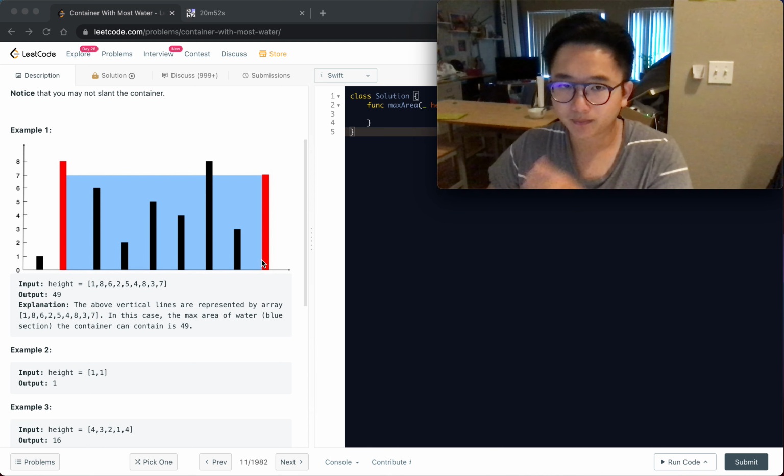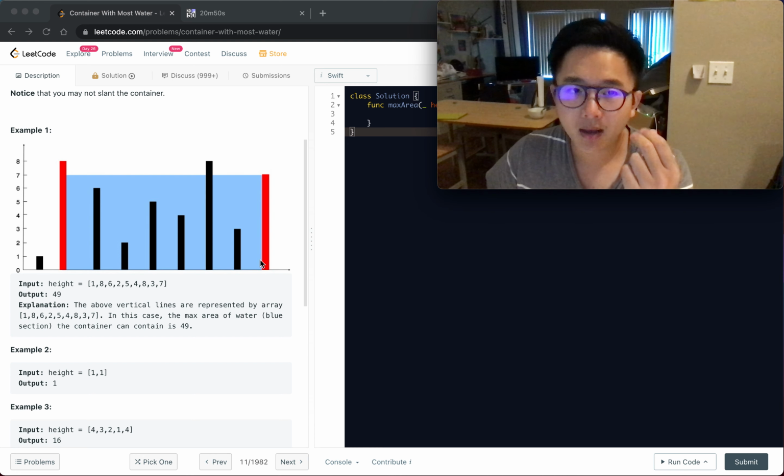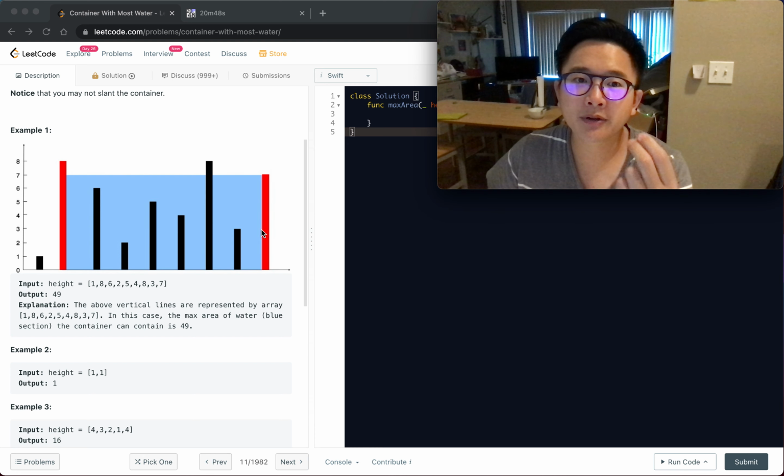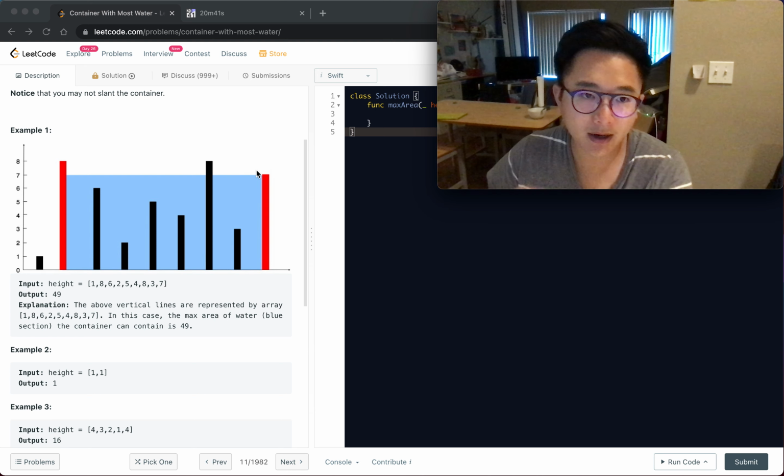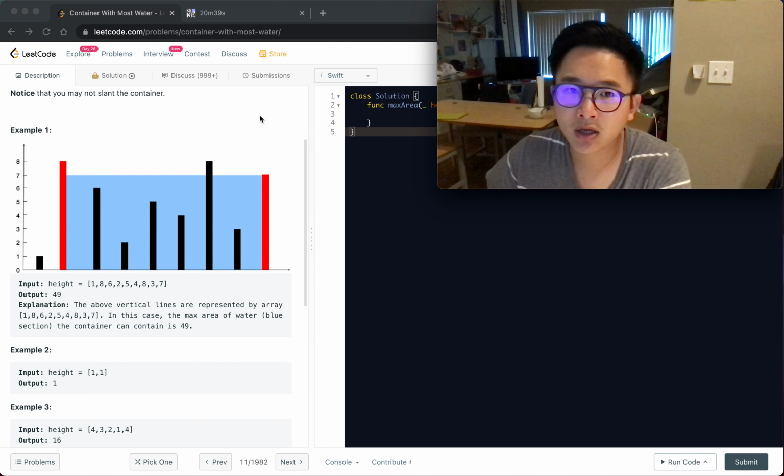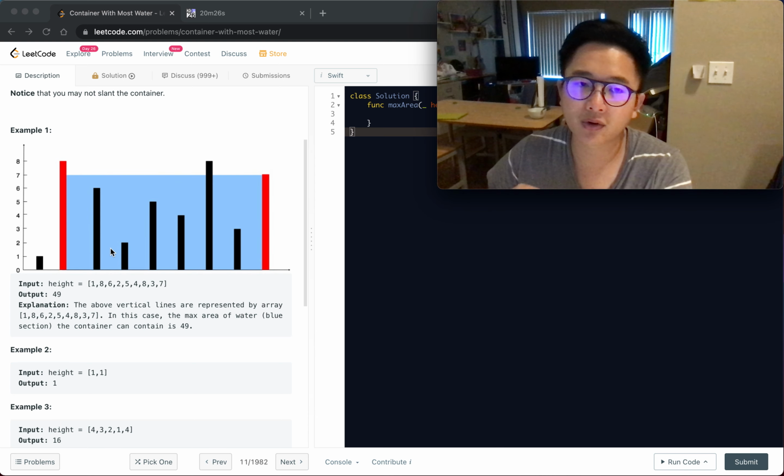So if this end is shorter, then we want to find a longer stick, right? We want to find a longer stick so that in the next container, the area might be determined by a longer stick. Because one thing we know for sure is that the bottom of the container is shrinking every single time.